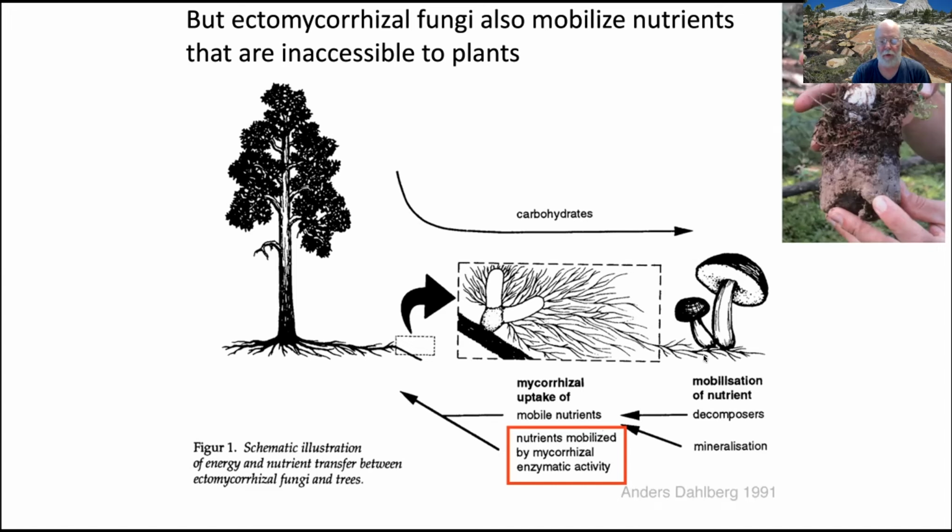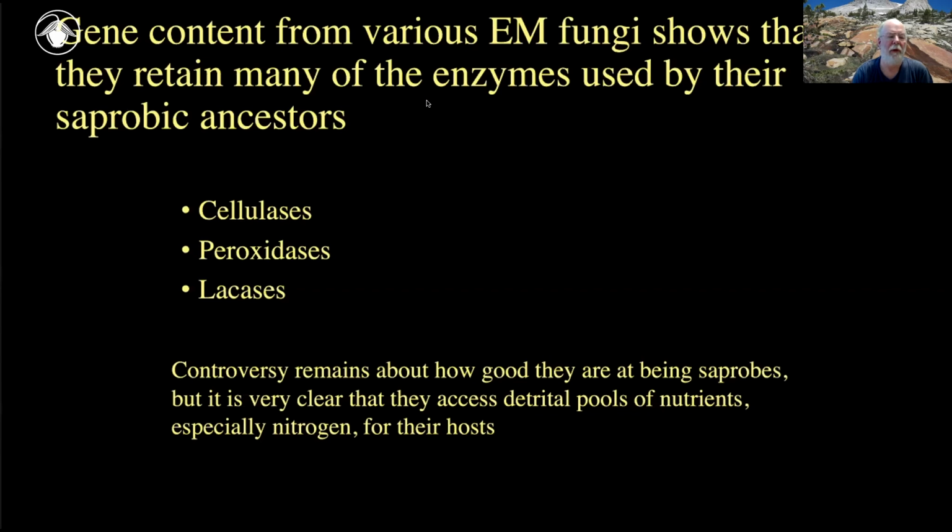And I just realized this square should have been over here. It mobilizes the litter fungus. And they do this because they retain some gene content from their saprobic ancestors. They have cellulases, they often have peroxidases, and they have laccases.